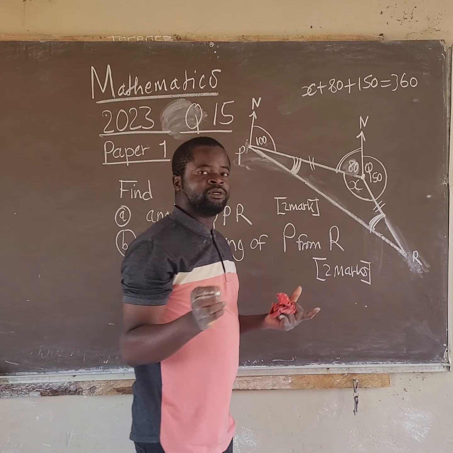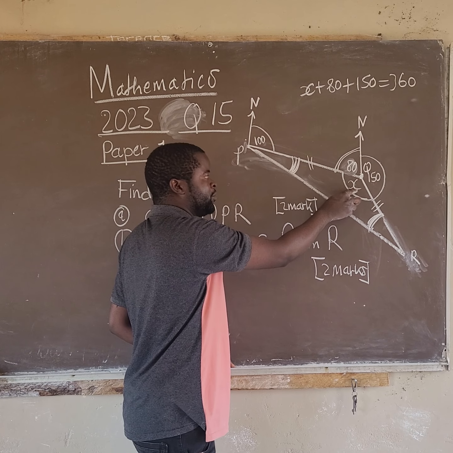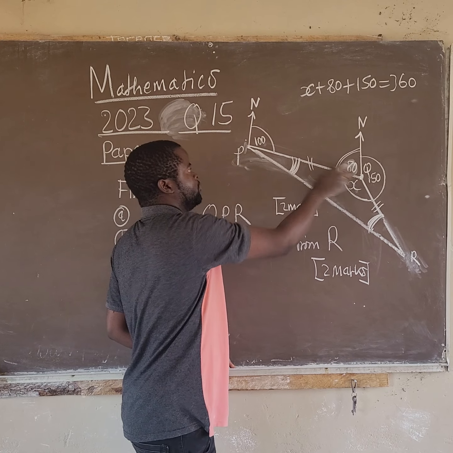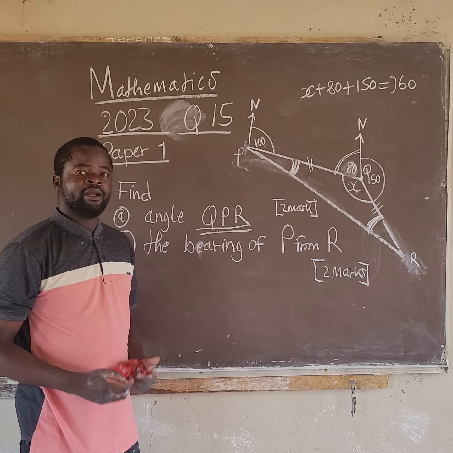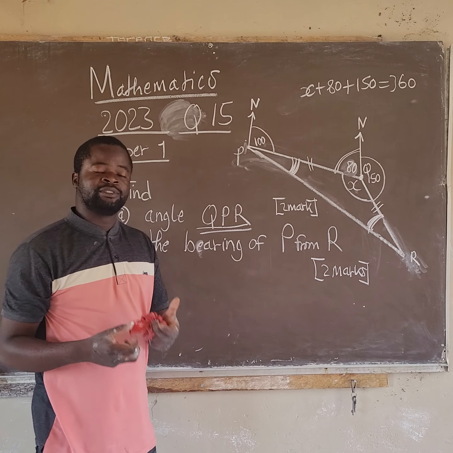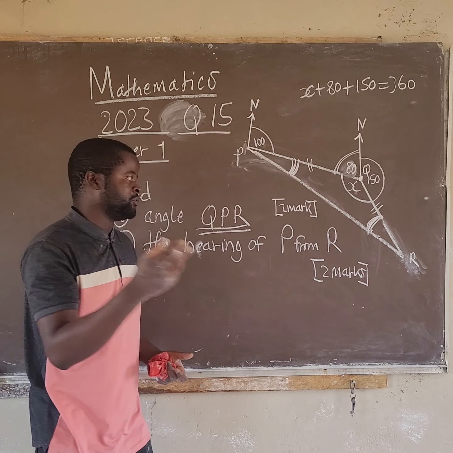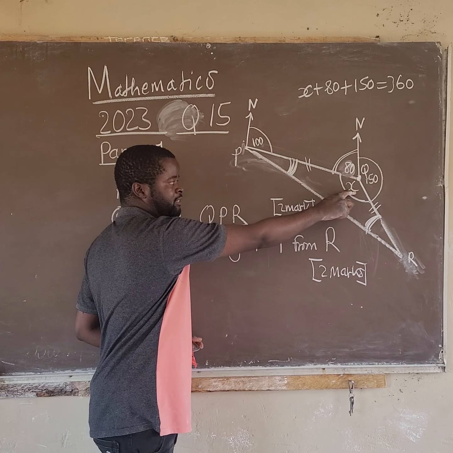The main purpose of me finding the size of angle x here is to help me find angle QPR, which is the question. Now, remember this question is carrying 2 marks. Therefore, there are certain steps that you need to take for you to get all 2 marks. These steps are, you need to find the size of this angle.